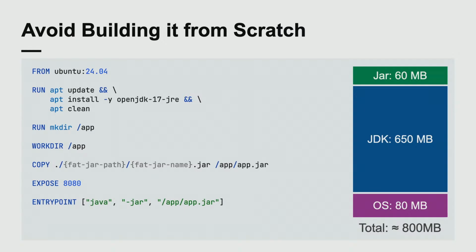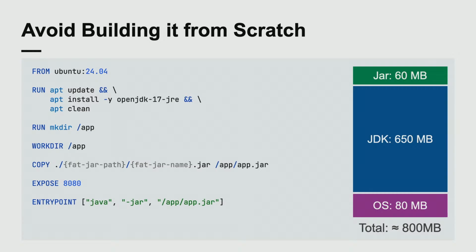But the question is that if you use an Ubuntu image as a base image, you use a full operating system. Also, you need to spend a lot of time to download and install all the OpenJDK stuff on top of Ubuntu. If you run the Dockerfile, the resulting image will be around 800 megabytes.